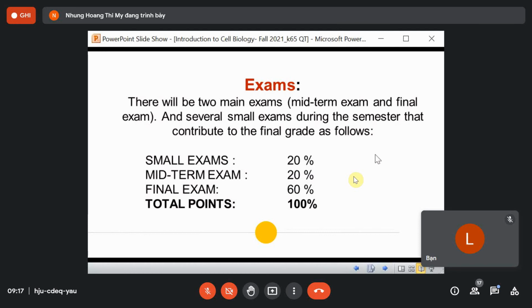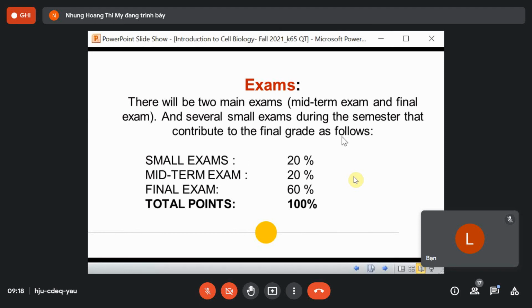Next is about the evaluation of students for this course. You will have 3 main evaluations, based on exams that happen throughout the class. You will have a small exam during each lesson.